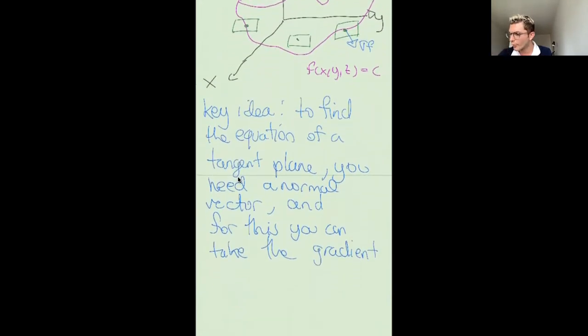So the normal vector, which we called n before, n is just the gradient of f.